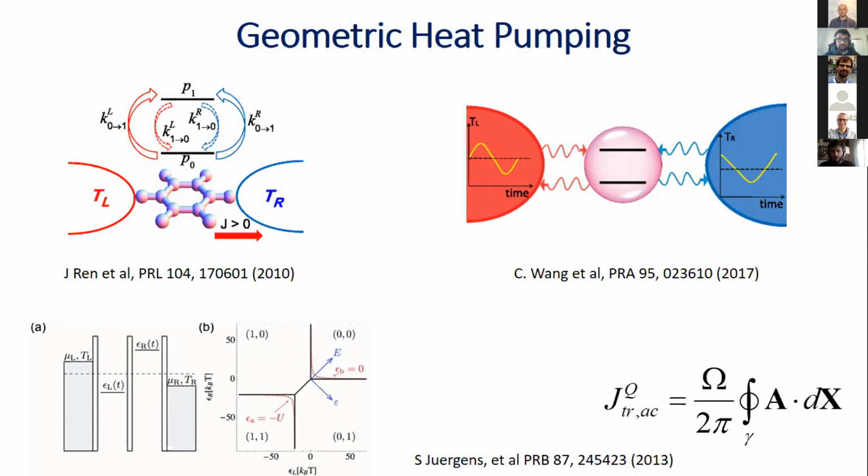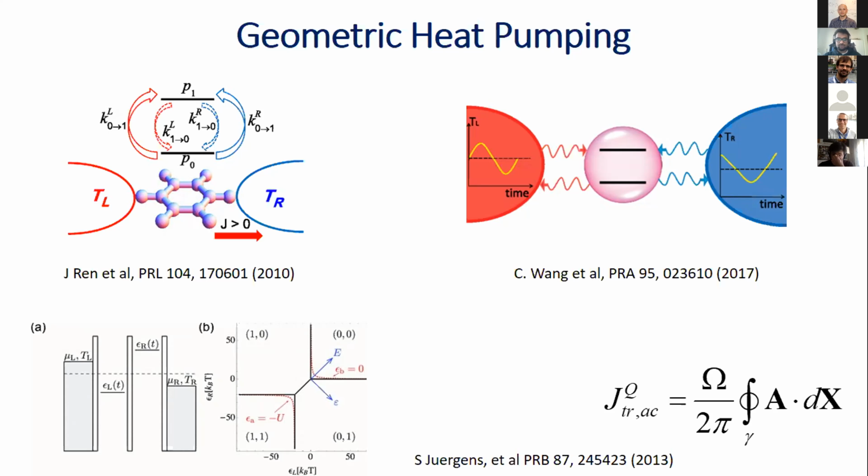On the same footing, recently there were some studies on heat pumping, and what people observed was that even heat pumping can be studied as an integral over the parameter space, in the sense that if you drive the system adiabatically and pump heat from one side to the other, the amount of heat pumped does not depend on how fast or how slow you go on the parameter space, but only on the contour you follow.